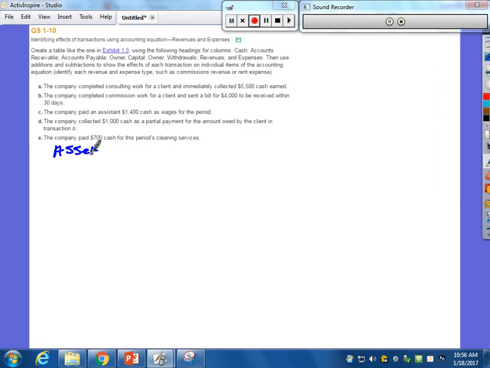We have assets equal liabilities plus owner's equity, and they've given us the accounts.